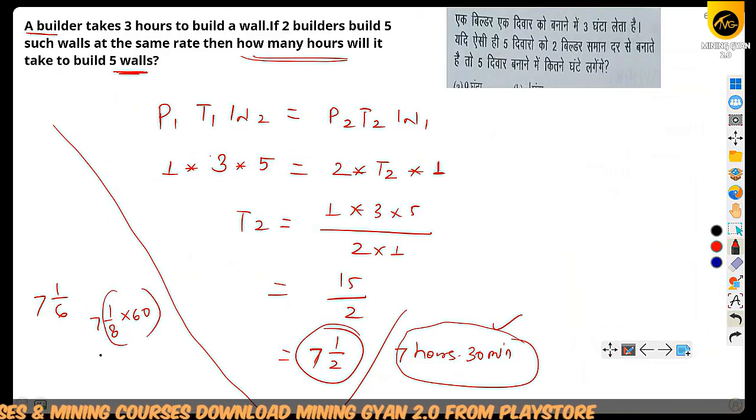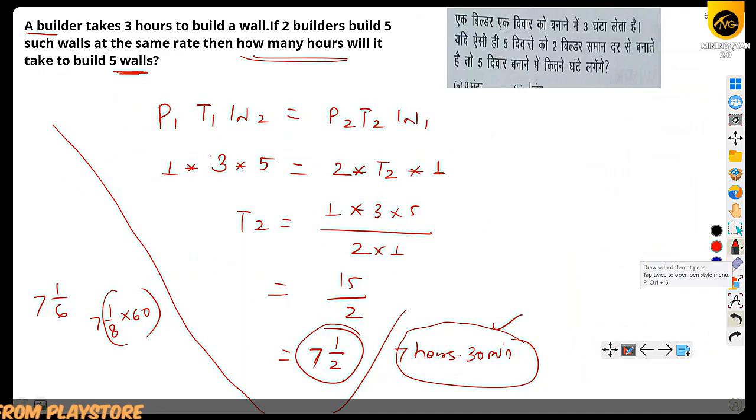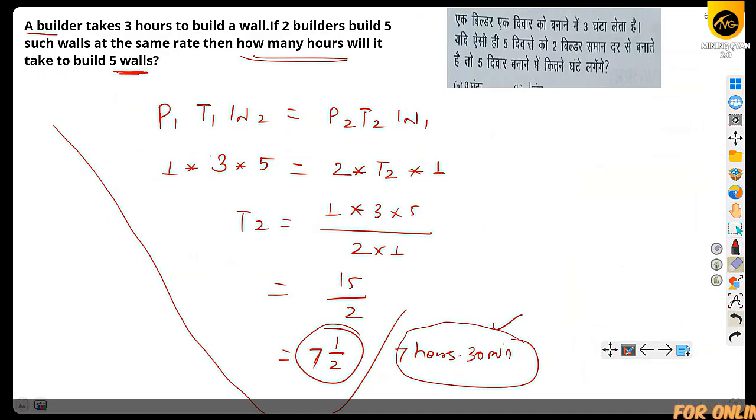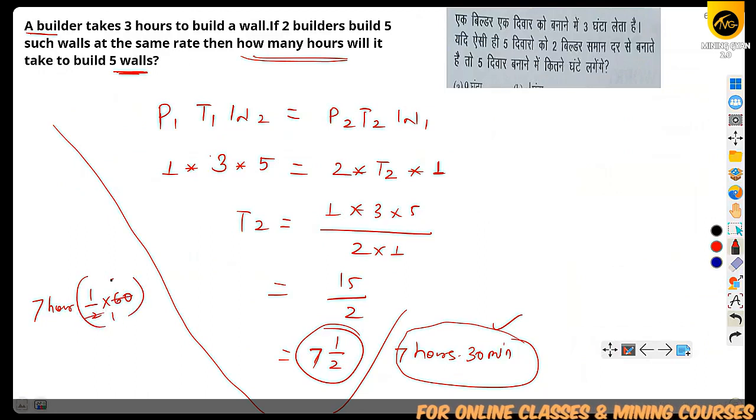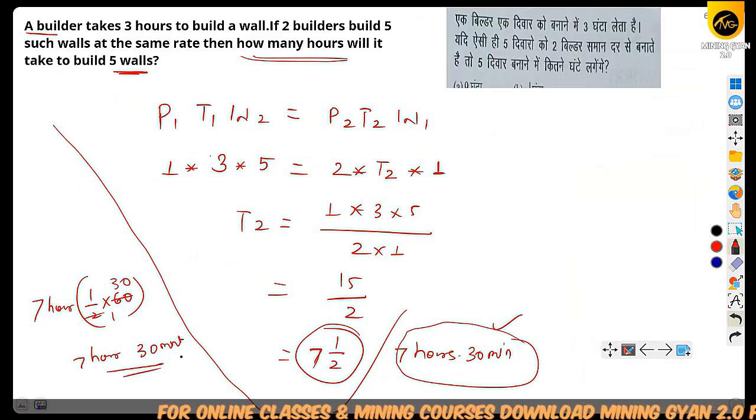So this is 7 hours and 60 divided by 8, right? Basically just multiply by 60 in the fractional portion and you will get the number of minutes. So in this case, 7 is the hours and 1 divided by 2 into 60, that means 30 minutes. So 7 hours and 30 minutes. Right?